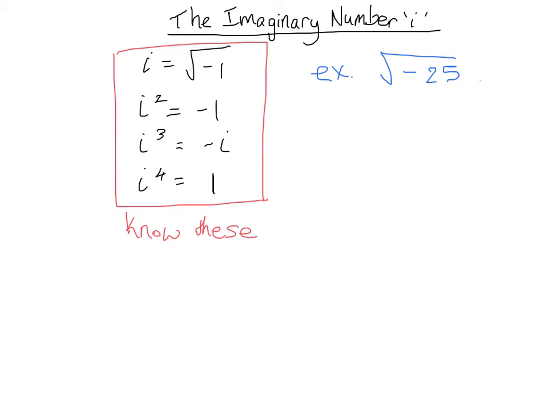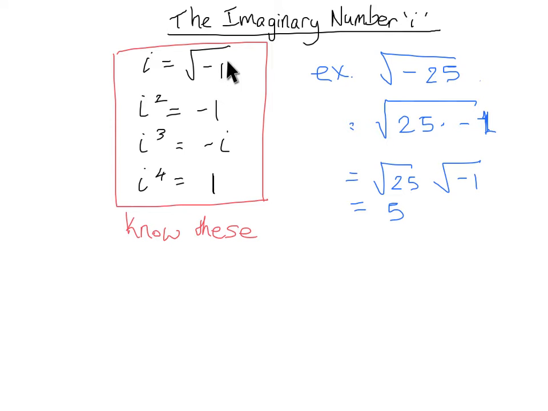The square root of negative 25 is the square root of 25 times negative 1, which is the same thing as the square root of 25 times the square root of negative 1. We already know the square root of 25 is 5, and from the definition of i, the square root of negative 1 is i. So the square root of negative 25 is actually 5i.